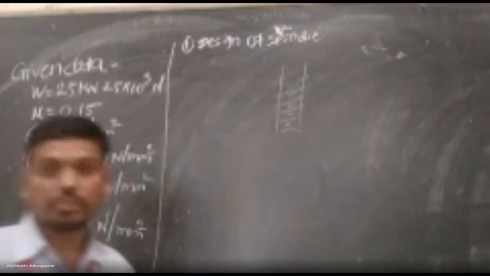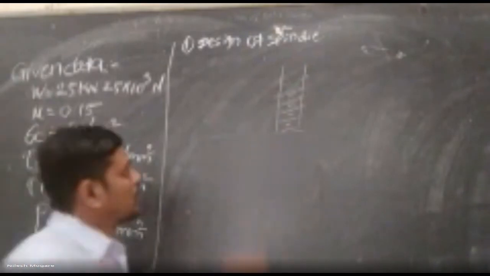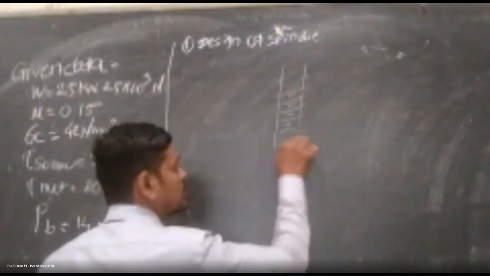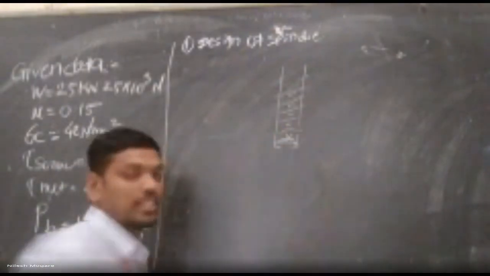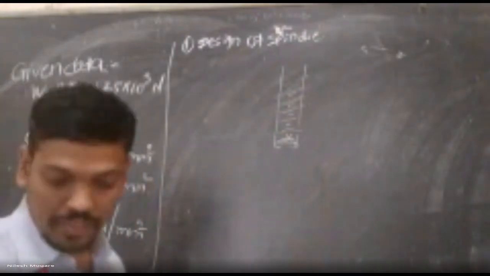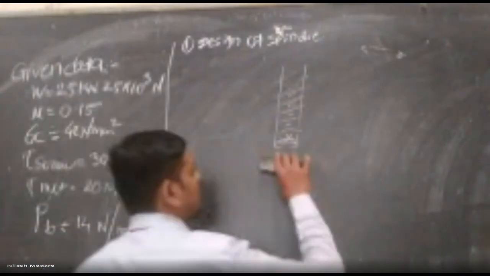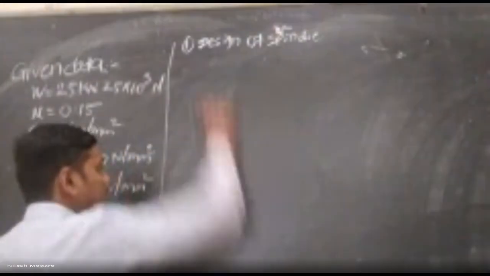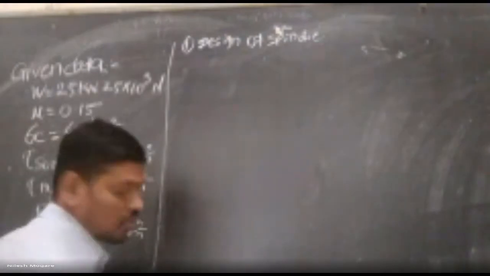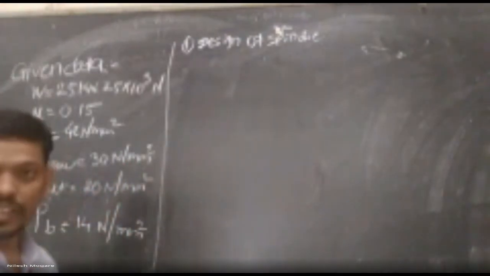This is our screw spindle, and this distance BC is called the core diameter, and we have to find this core diameter first. Yesterday we found the core diameter, so again we find it, and then move towards our next step.